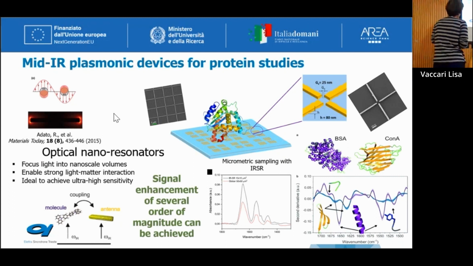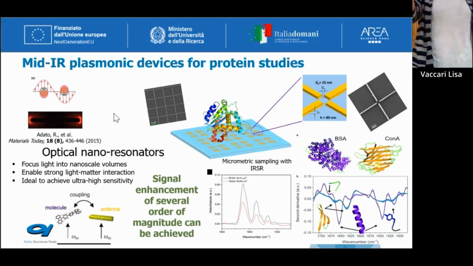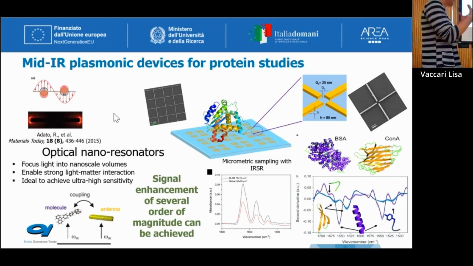You can build nanostructures that most of the time are nanoantennas. These are gold nanoantennas that are made with a length and thickness such that they act as a concentrator of the electric field. The infrared signal that you can obtain is proportional to the incoming electric field.